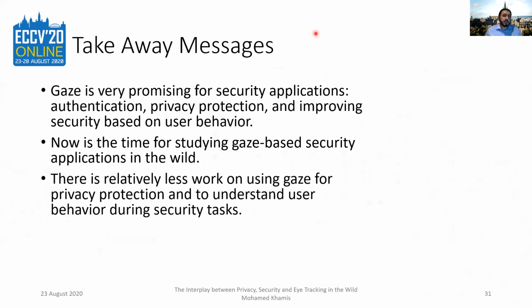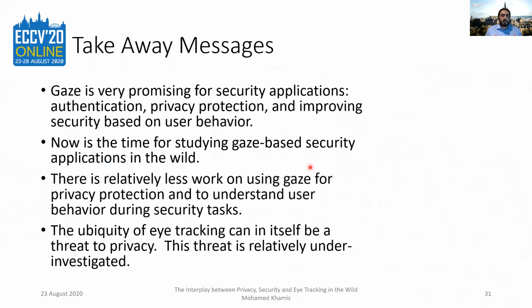This is what I mentioned earlier, that there is relatively less work on these two application areas, so we could do more there. And finally, what I brought up in the beginning is that the ubiquity of eye tracking can in itself be a threat to privacy, and this threat is relatively under-investigated. So, for example, we need to investigate if we can somehow ensure that gaze data that is collected through eye tracking apps cannot be used maliciously.